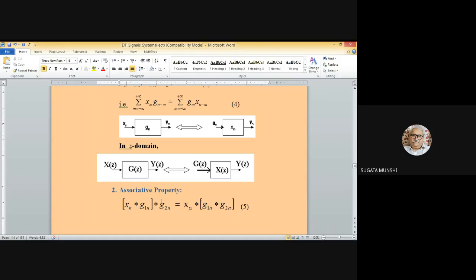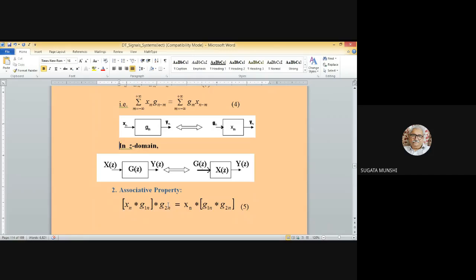That result is convolved with g2[n], meaning the output of the system g1[n] is fed to a second system with impulse response g2[n]. So convolution of that with g2[n] means the left-hand side, if it is represented by y[n], is the ultimate output of the second system.